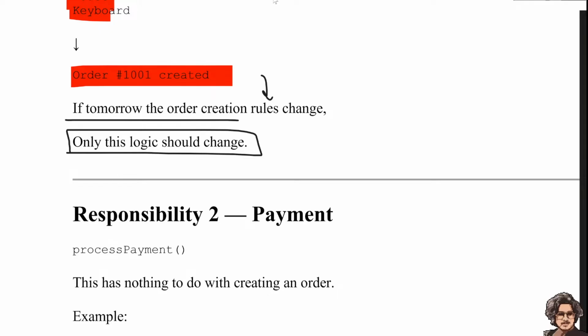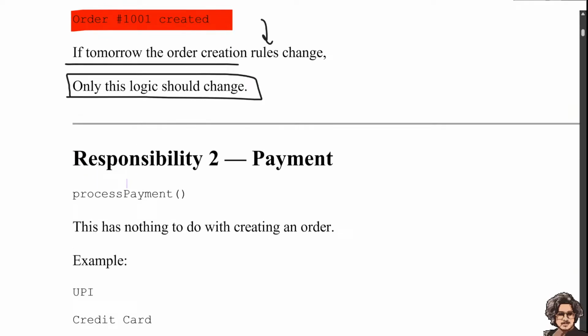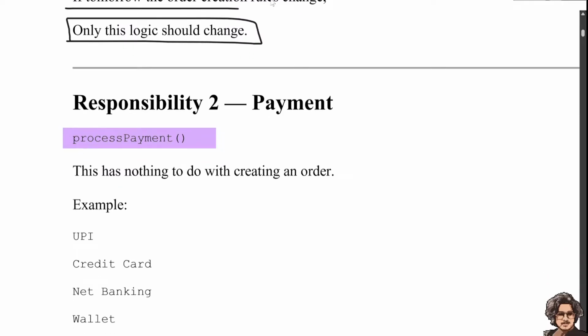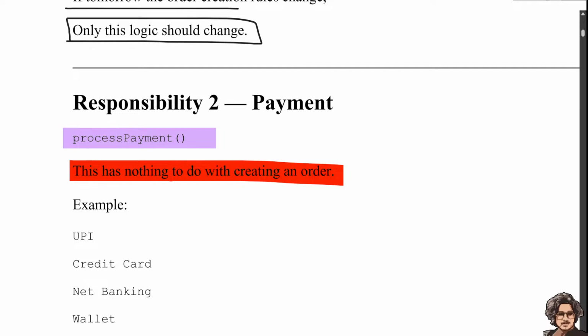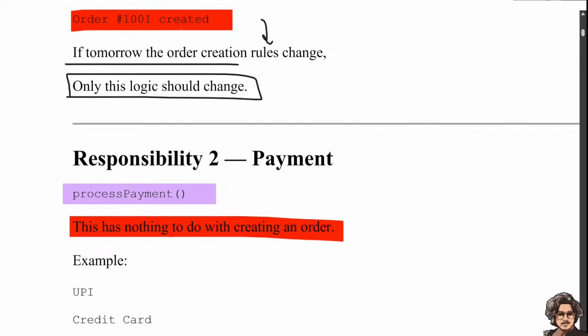Okay, a second responsibility that we have is process payment. This has nothing to do with creating an order. We know that the earlier method creates an order, but process payment has nothing to do with that earlier method.